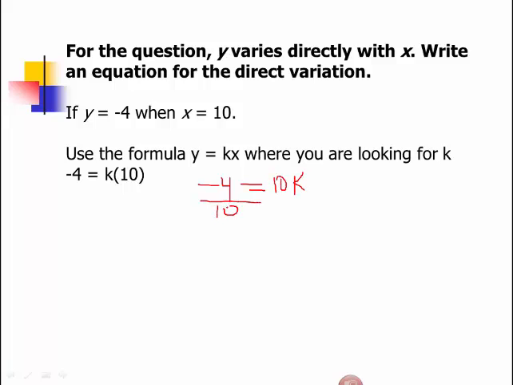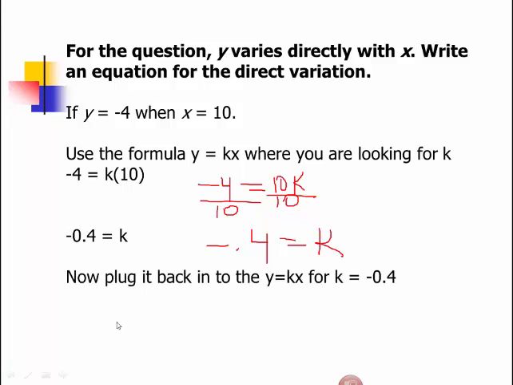Divide both sides by 10. And here's the really cool part. You can go ahead and leave that as a decimal. -0.4 equals k. All I did on my calculator was -4 divided by 10. Now, rewrite the equation. That's the biggest part. You've got to remember.